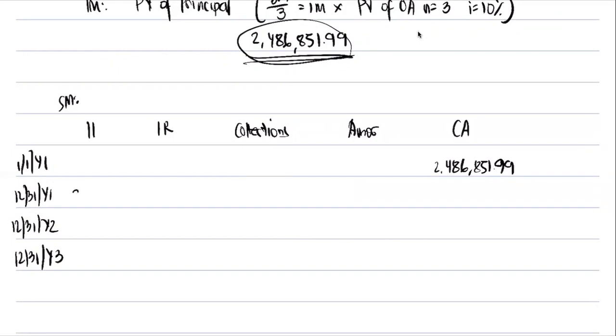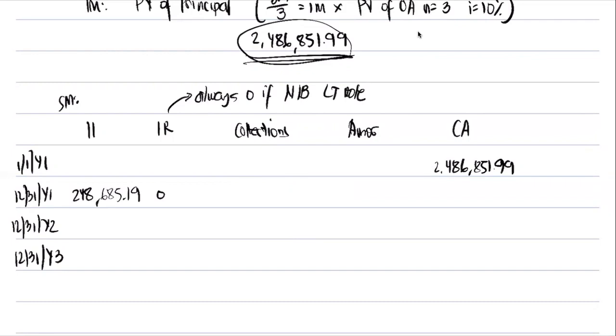So that is 248,685.19. And then our interest received is still 0. Take note, always 0 if non-interest bearing long-term note.